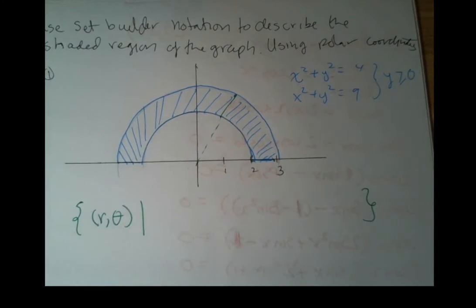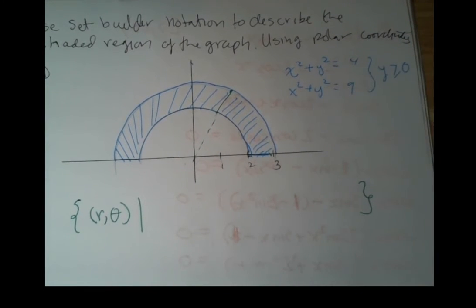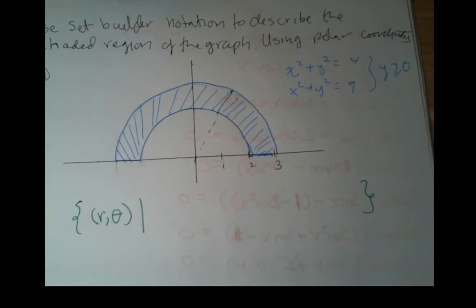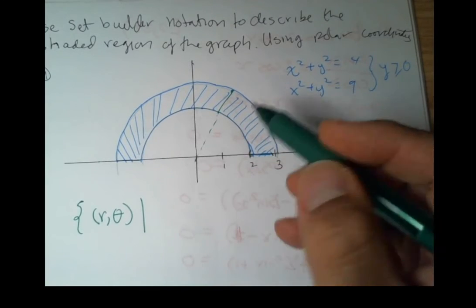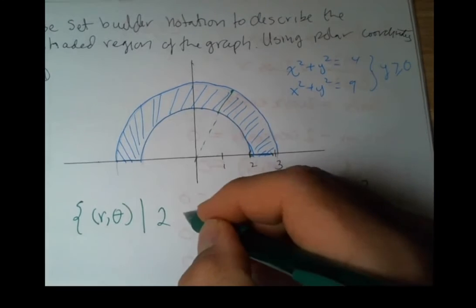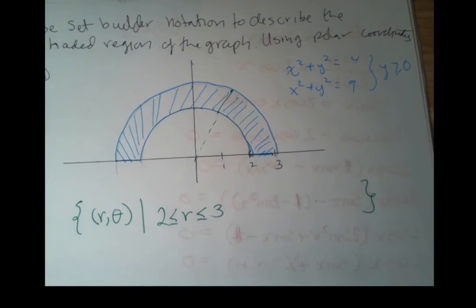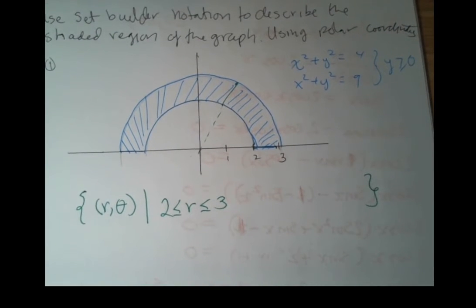The equations of those circles in polar coordinates are super simple: if this is the radius squared, it's just r equals the radius, in this case 2 and 3. It's always constant; the distance from the pole doesn't change. So the r part would be any values of r between 2 and 3.